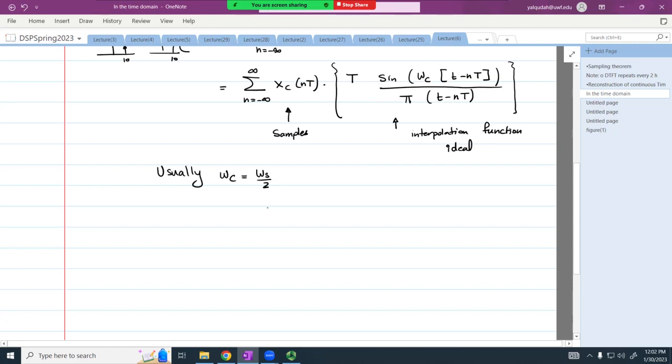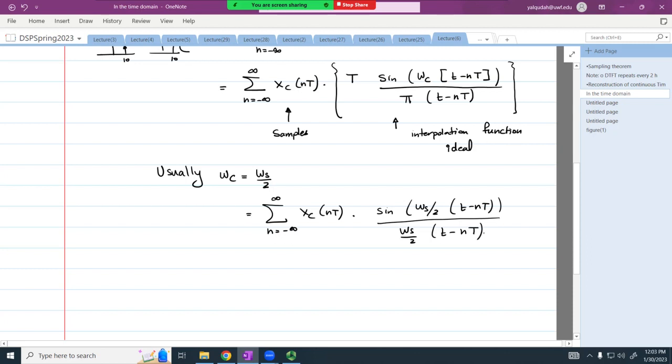And therefore, we can write this as x continuous of nT multiplied by sine of omega s over 2 multiplied by (t minus nT), divided by omega s over 2 multiplied by (t minus nT).